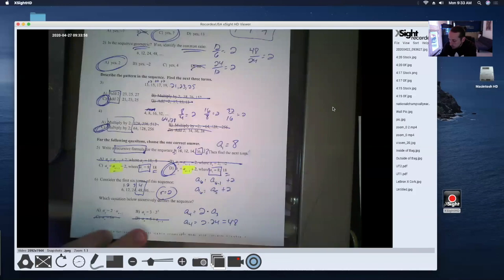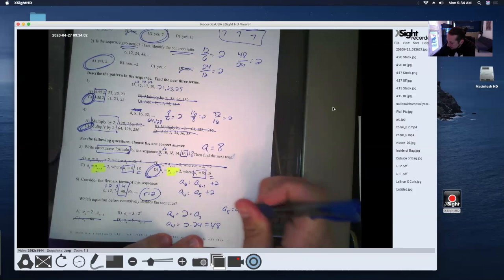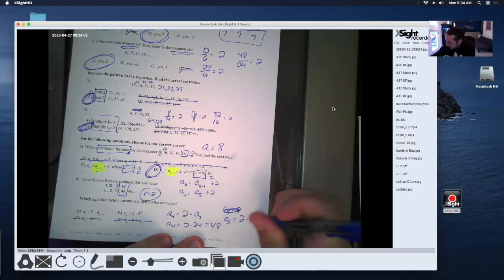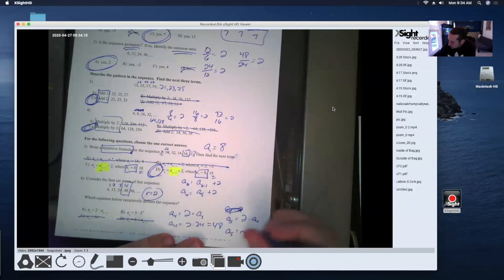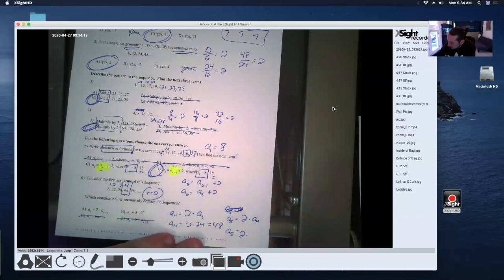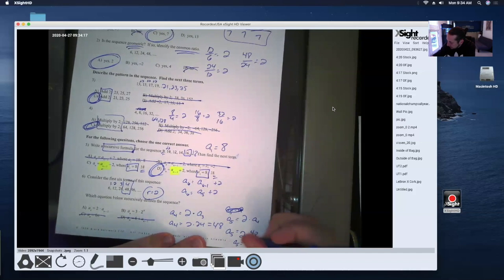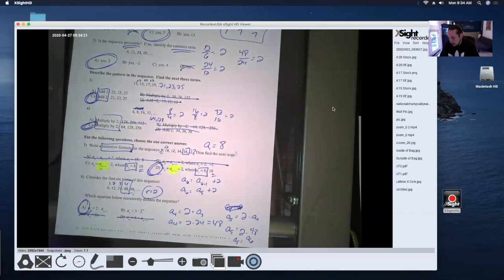You can do it for the 5th term as well. If I want to find A5, I'm going to take 2 times A4. 2 times 48 gives us A5 is 96. So you can see it works throughout. That's one way you can check this.